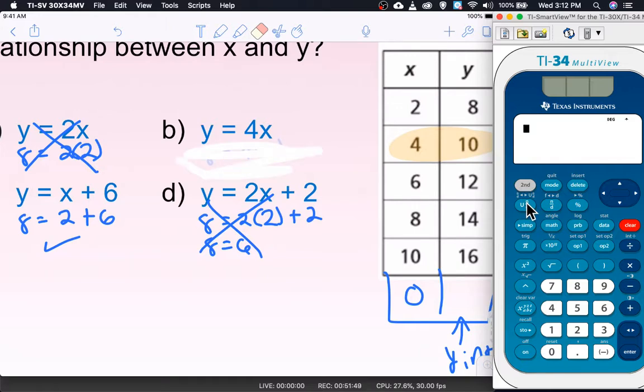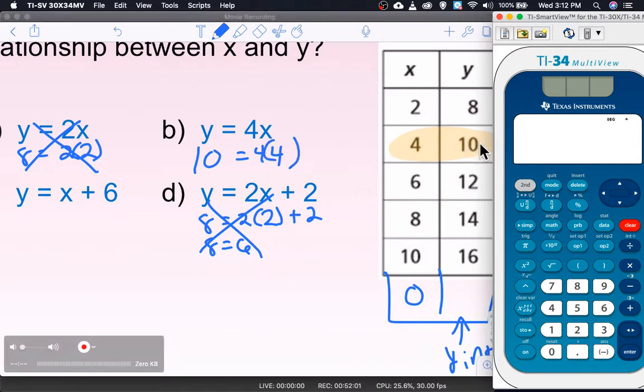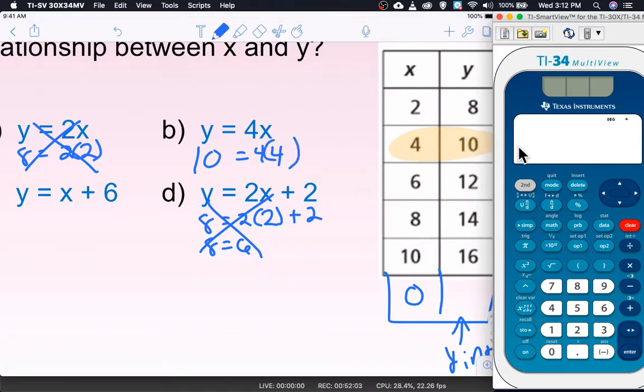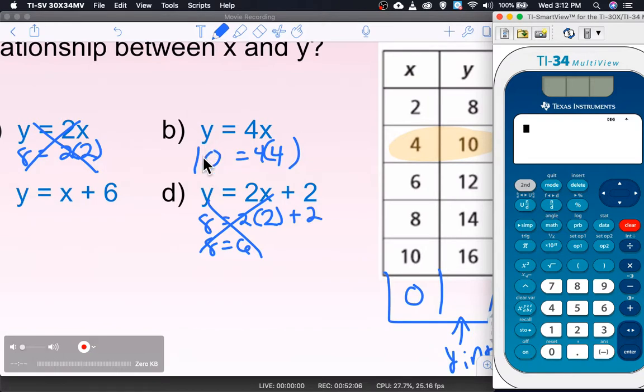Only one of these equations will work with any 2 of the points. So check this out. If I plug in 10 for y and 4 for x, that's what it says. Is 10 equal to 4 times 4? Nope.